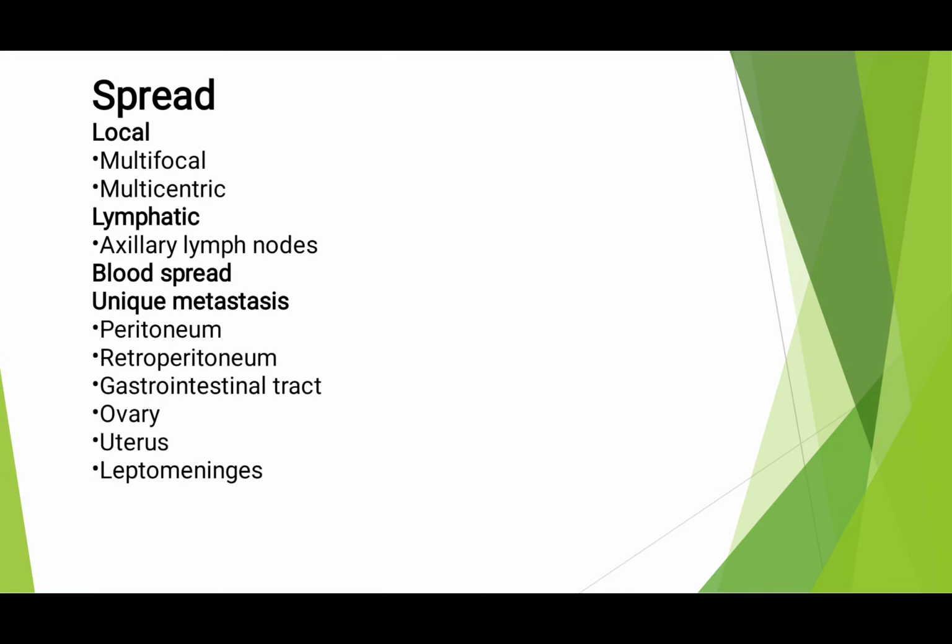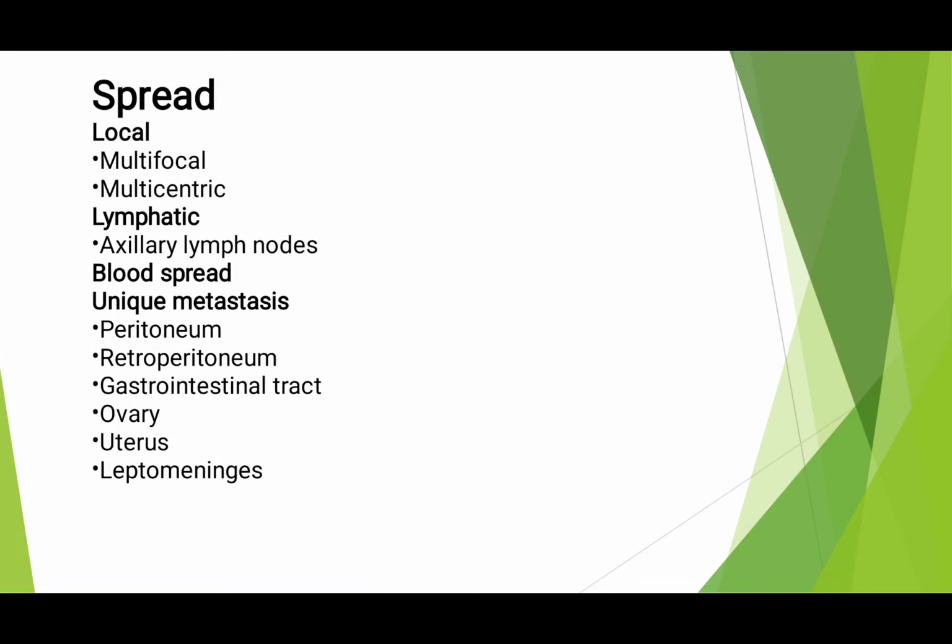Next, coming to the spread, the spread occurs by local, lymphatic, blood spread, or unique metastasis. Local spread occurs by multifocal, multicentric growth. Lymph spread occurs mainly through axillary lymph nodes.